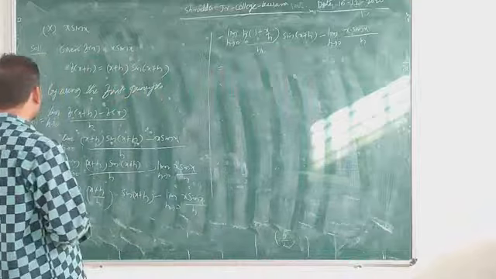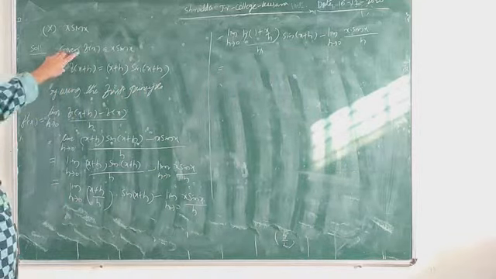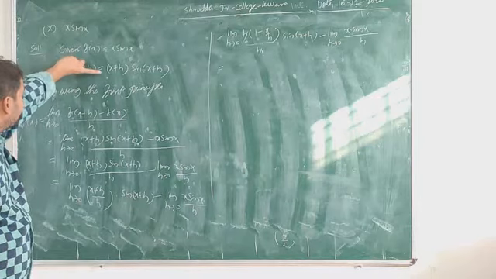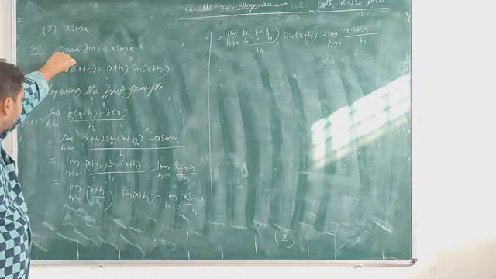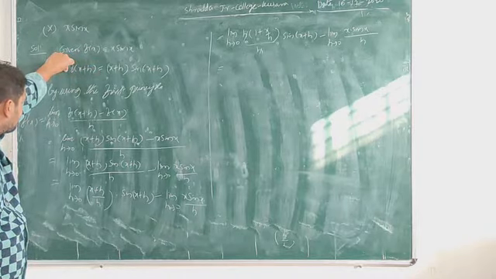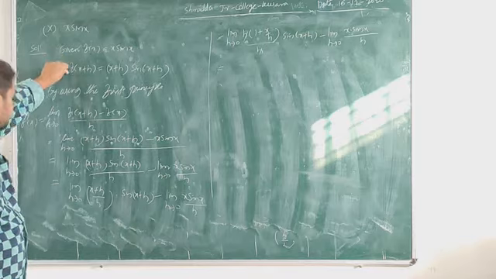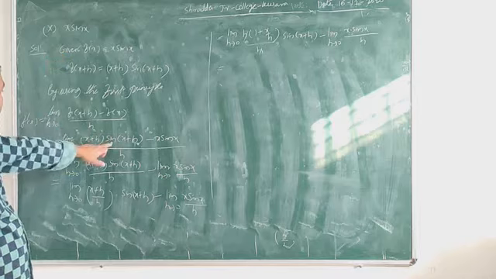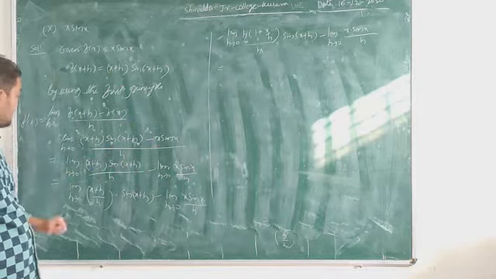See here what is given here, x into sin x. This is f of x. What is f of x plus h here? x plus h into sin of x plus h. Now we take limit h tends to 0, x plus h into sin of x plus h minus f of x, that is x sin x, by h.